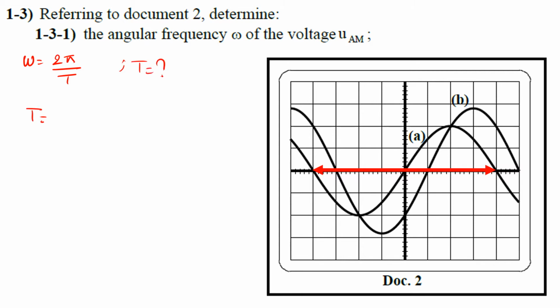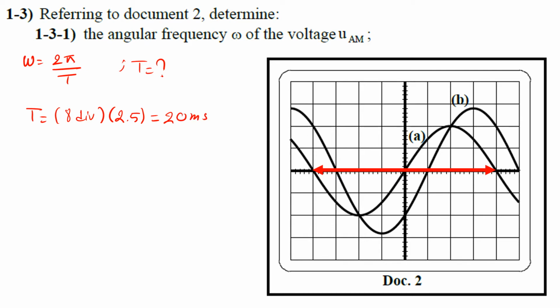T is equal to, let's count, 1, 2, 3, 4, 5, 6, 7, 8. So we have 8 divisions multiplied by the sensitivity for this one, which is 2.5 milliseconds. So 8 times 2.5, we will get 20 milliseconds.